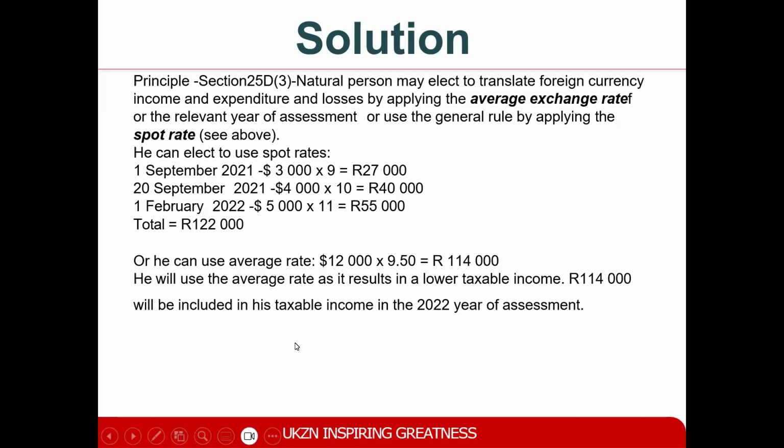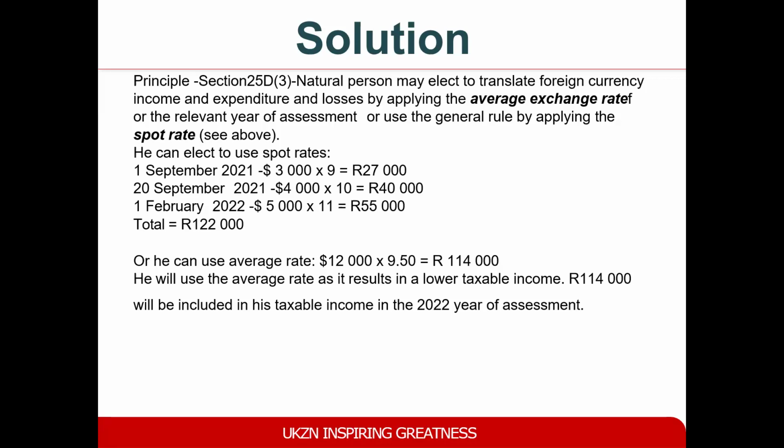It's very easy to have a question that actually says, please explain to Mr. So-and-so whether he should choose the general rule, which is 25D(1) or 25D(3), you see, and give the benefits of that.